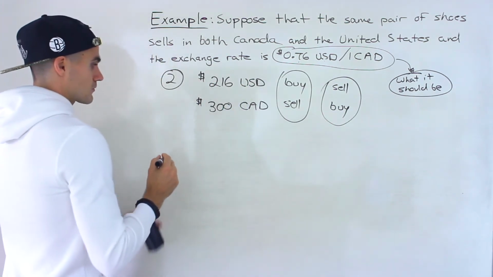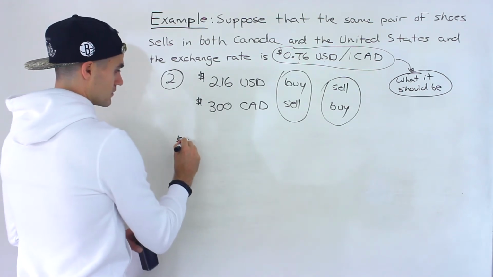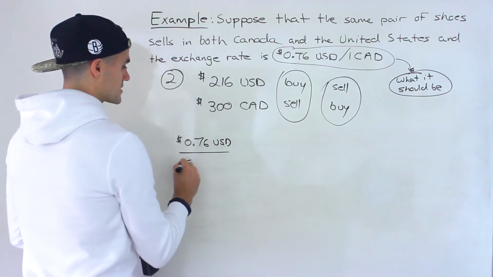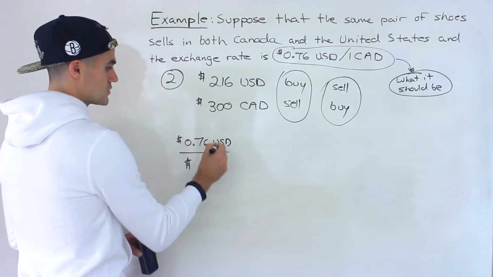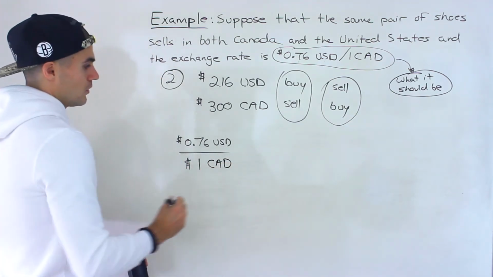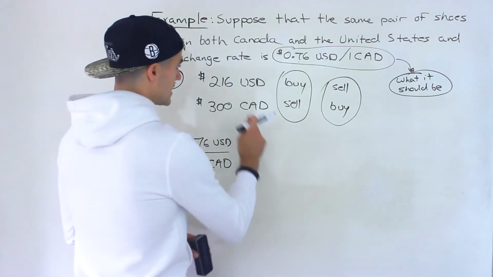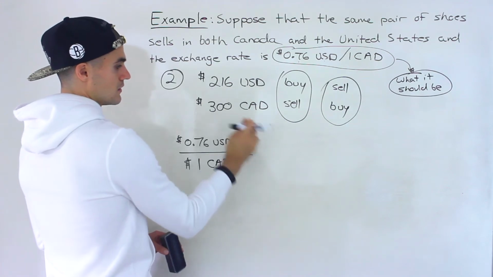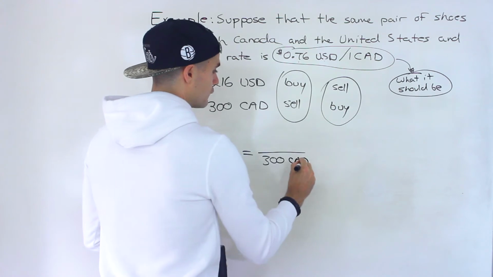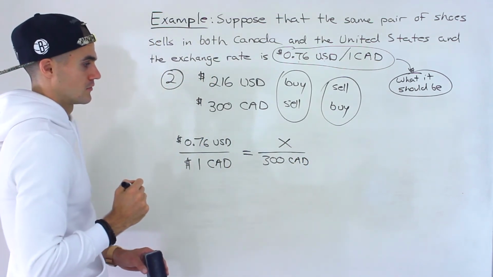And so one way we can go about it is we can take that exchange rate. If we set it up as a fraction like before, 0.76 USD per $1 CAD, what we can do is we can take one of these values. So let's take the 300 CAD first and figure out what should be the USD value. Right?